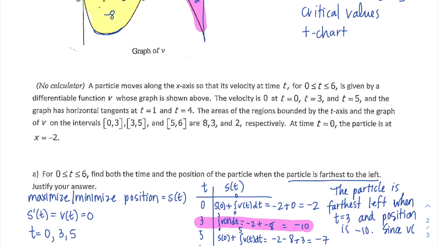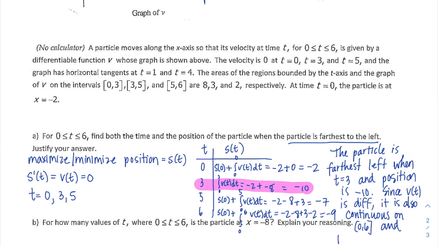Since v of t is differentiable, it is also continuous, because continuous is what allows us to use EVT on the interval 0 to 6. And EVT, extreme value theorem, guarantees an extreme value.